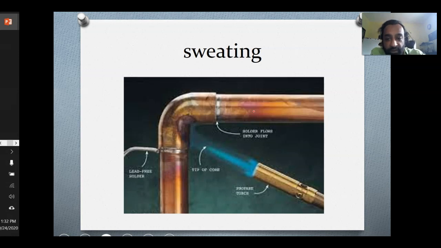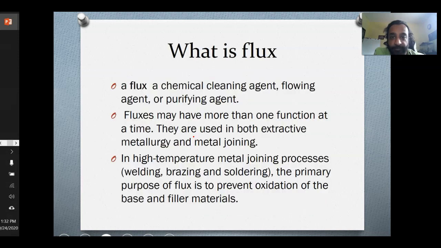We don't have to go with the solder all around, just touching the pipe the solder will go by itself using the flux. We will practice that a little bit, and if you notice here, when you're sweating, you heat the connection joint, not the pipe, and when the fitting gets hot, it will draw the solder inside.